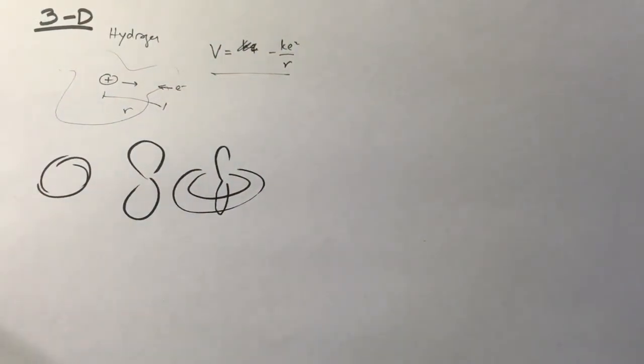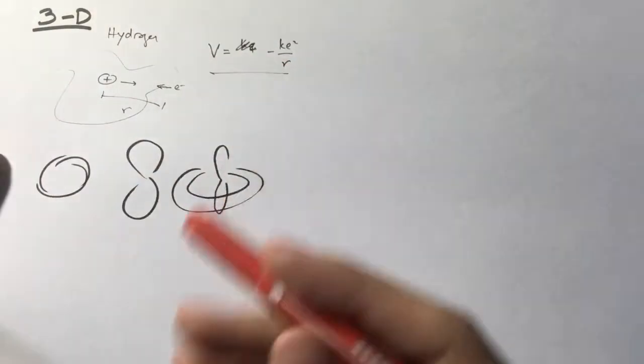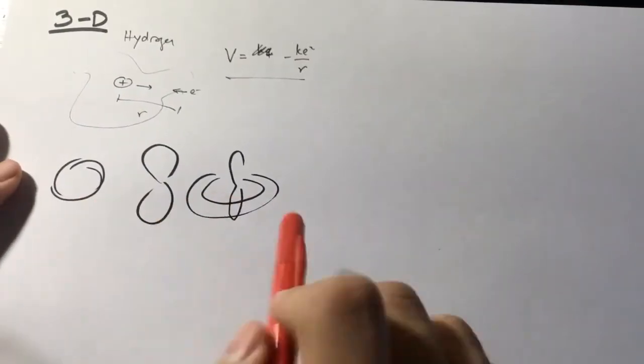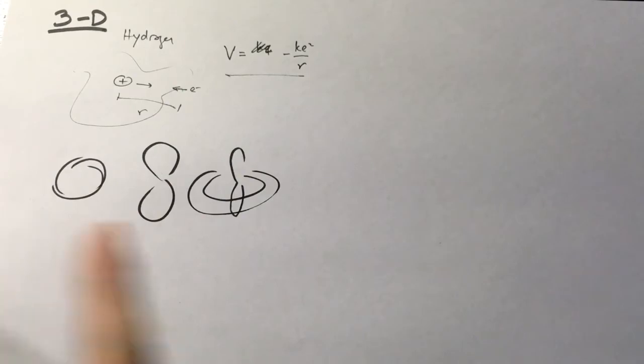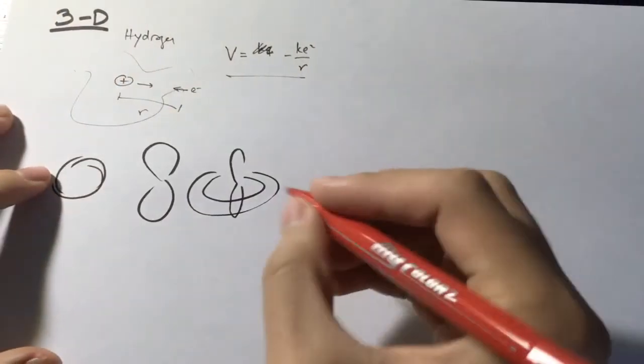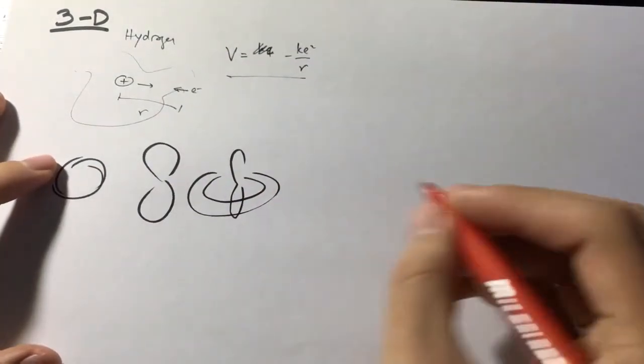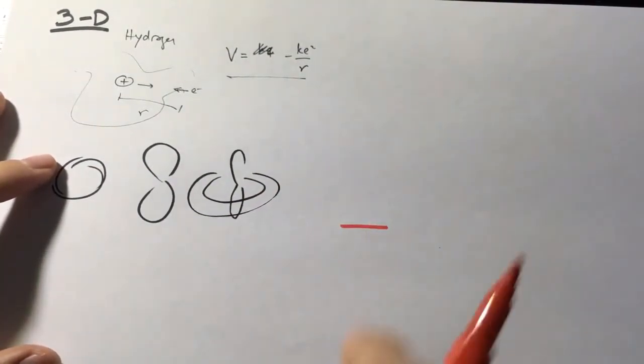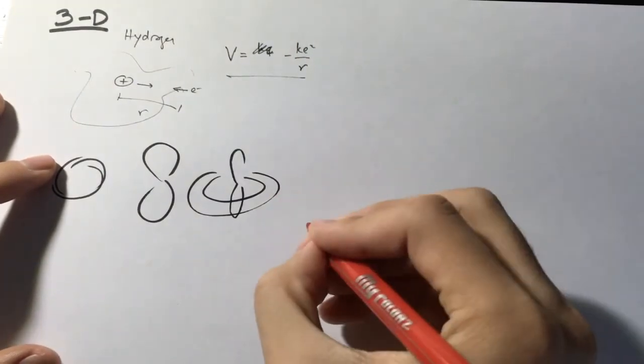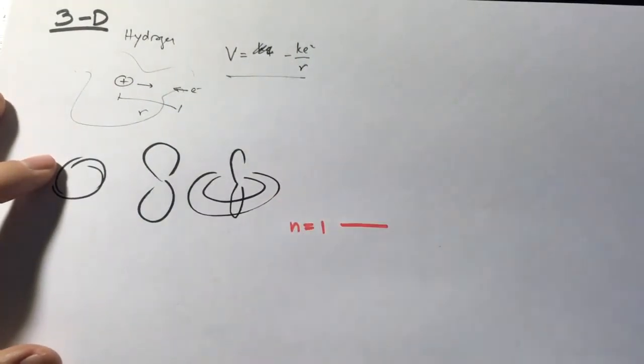But one other thing that is interesting that I haven't actually mentioned is the energies of these states, because these states will also have different energy levels. So for example, the lowest energy level that the electron can have, the lowest state, or the first wave function, will have some energy level, maybe called the first energy level, or n equals 1.